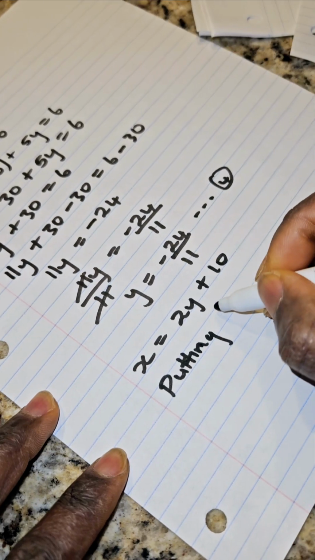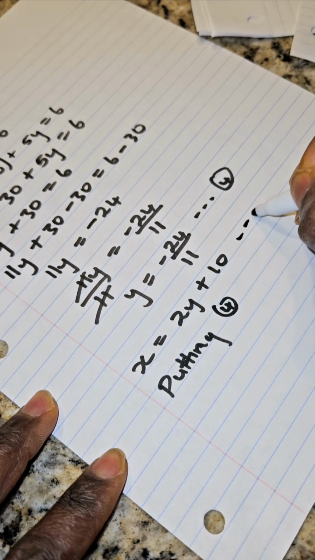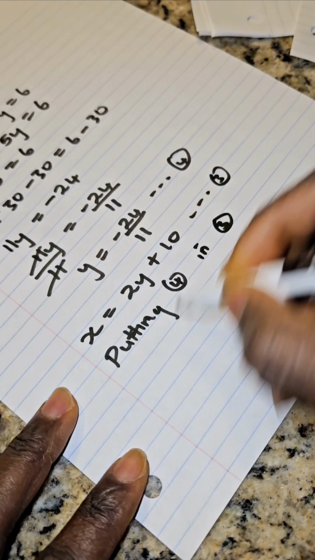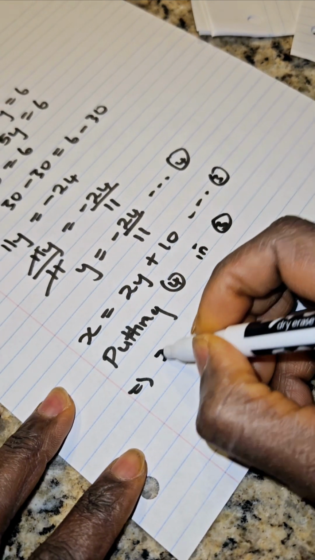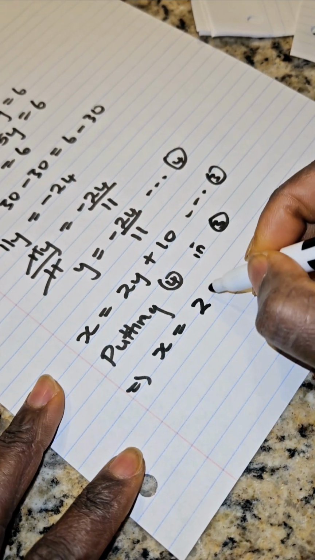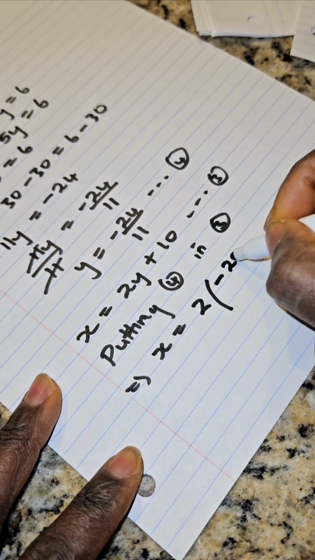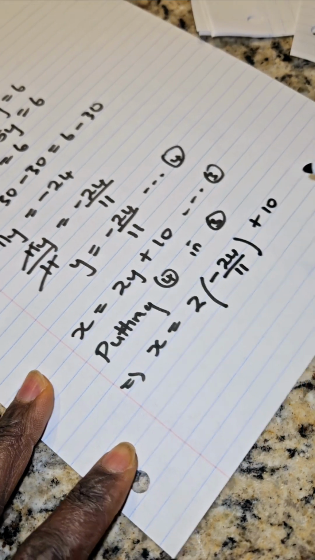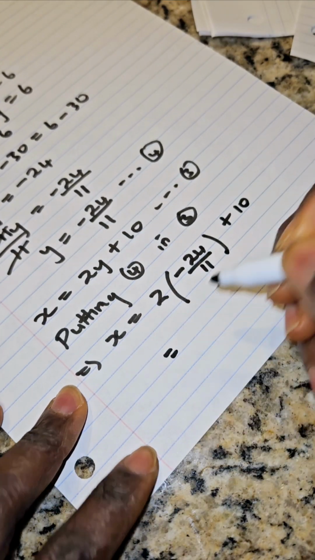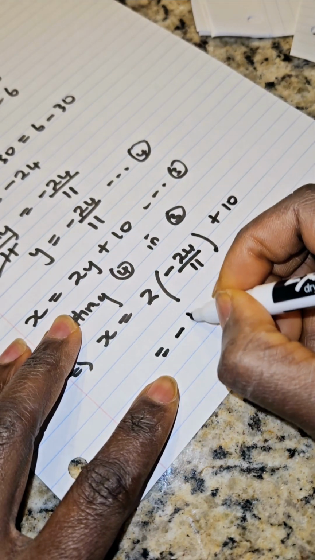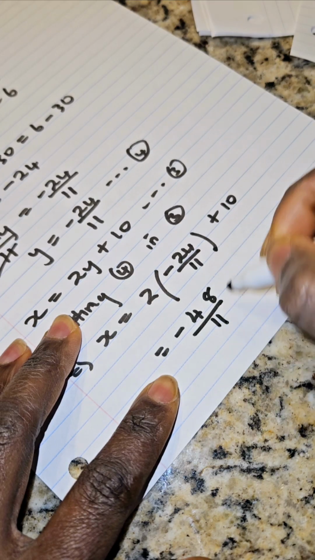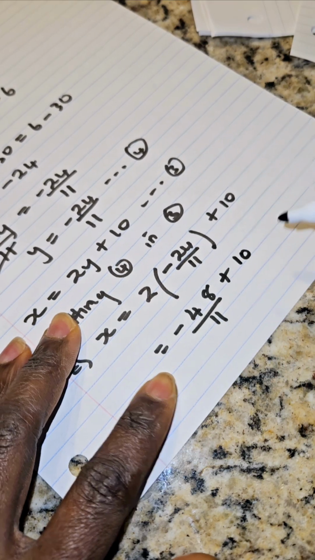Putting 4 in 3 implies x is equal to 2 times negative 24 divided by 11 plus 10. This is negative 48 over 11 plus 10.